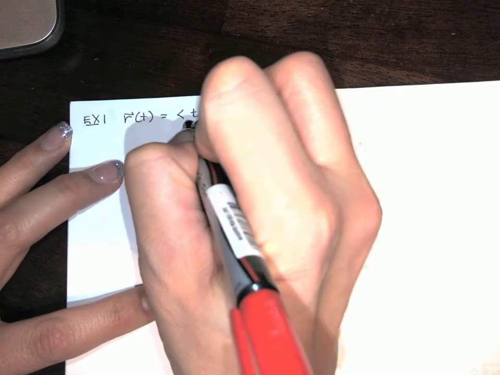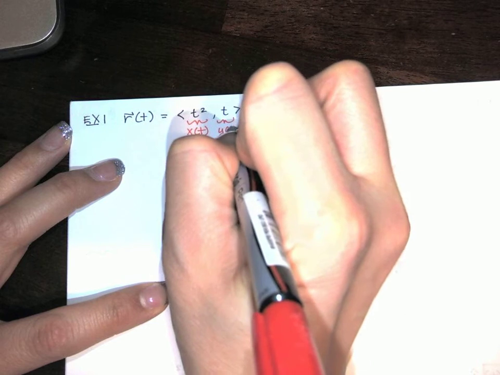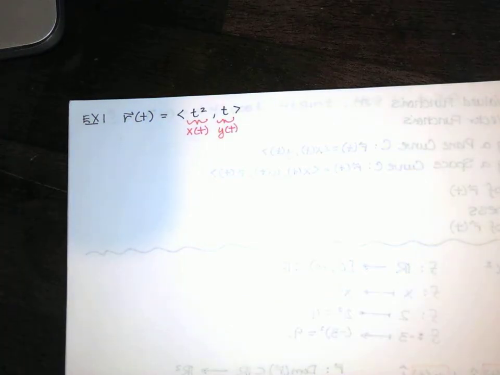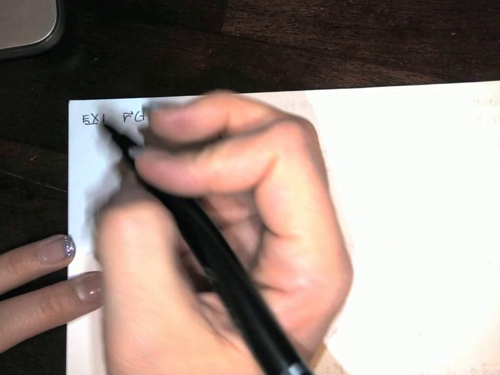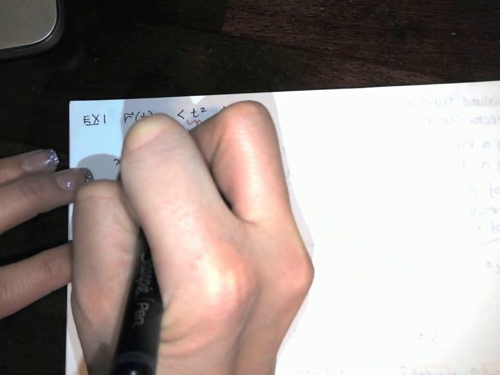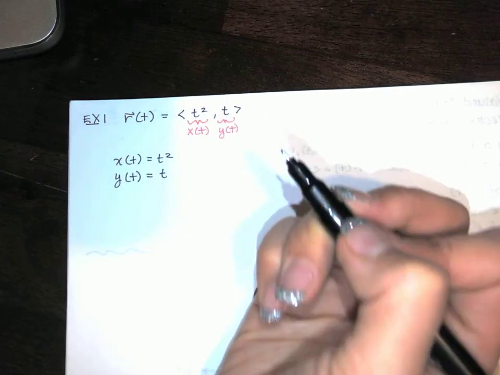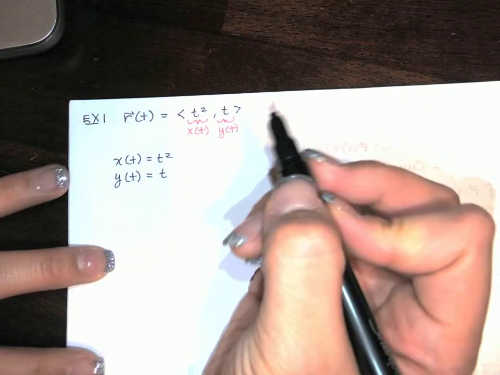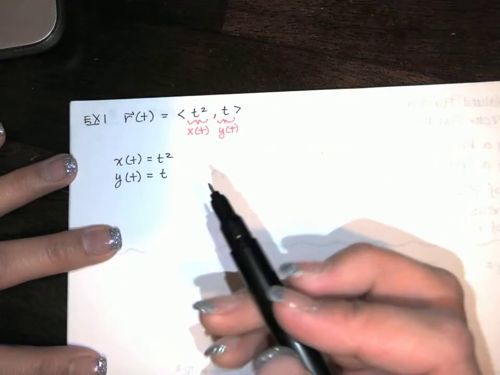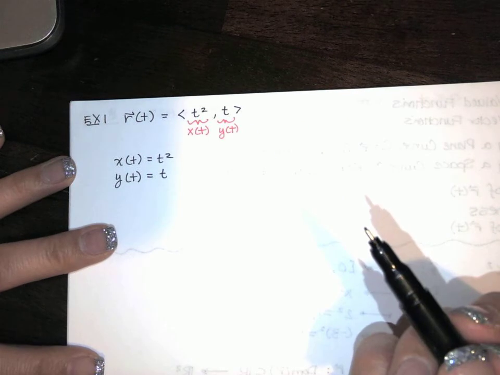It's implied that x of t equals t squared and y of t equals t, just from the order that those components are listed. x of t and y of t are called the parametric equations of the curve C. They're also the components of the vector valued function r of t.